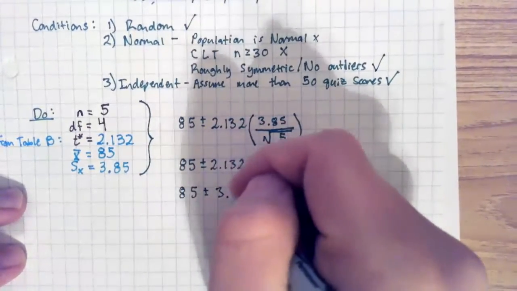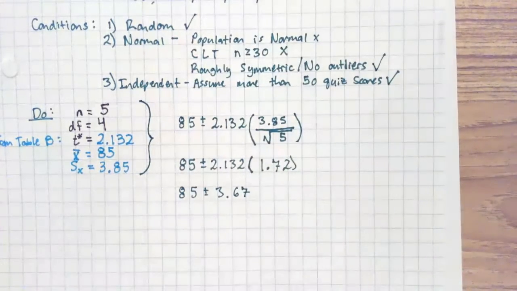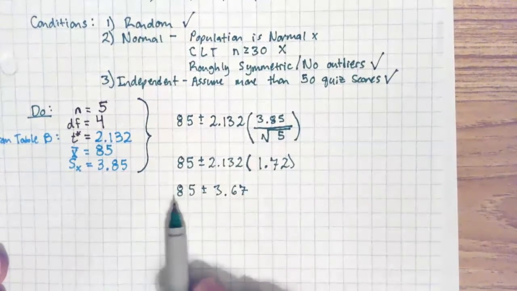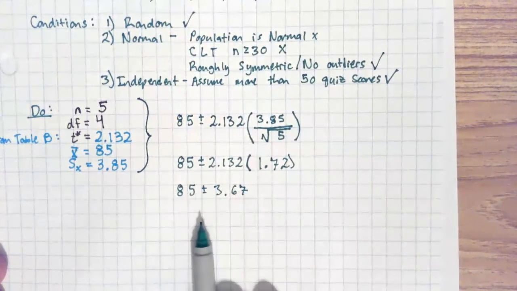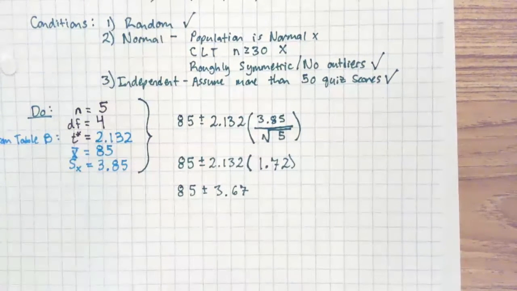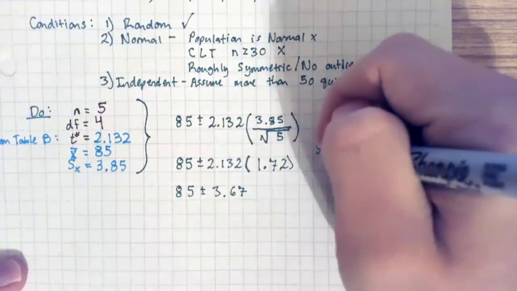So, 85 plus or minus 3.67. Okay, on your assignment today, from this point, you would add 3.67 to 85, subtract 3.67 from 85, and then your interval would be created. I also want you to be able to pick out a couple of things though. So again, on your assignment for today, you are going to be asked to find the standard error.